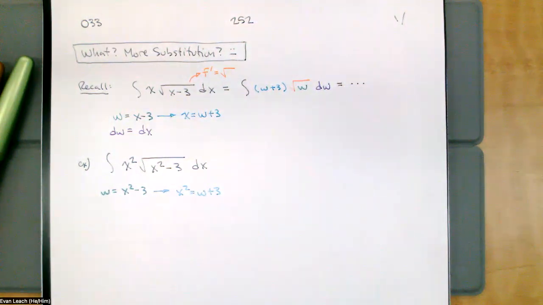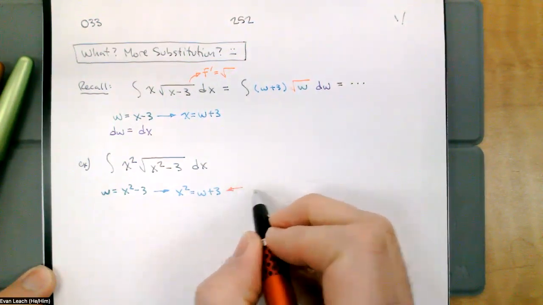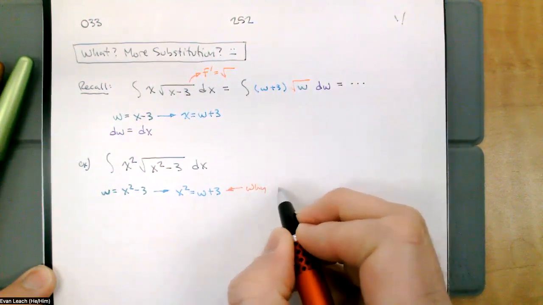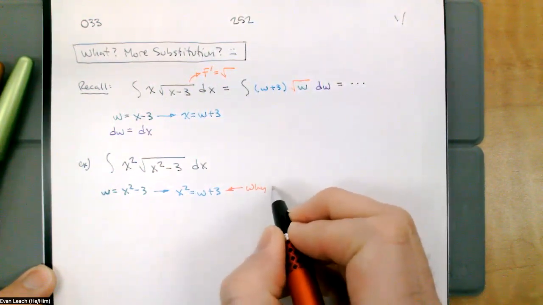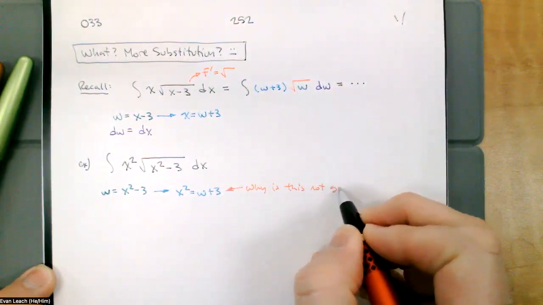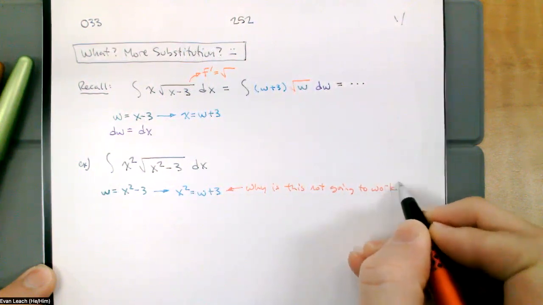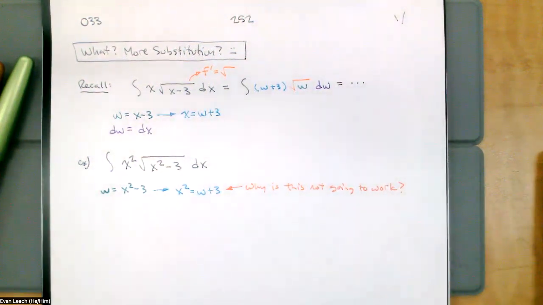So here we wanted to point out that this is not going to work. Why can't we do this? You can see that this is not going to work because of the stuff that I didn't write.